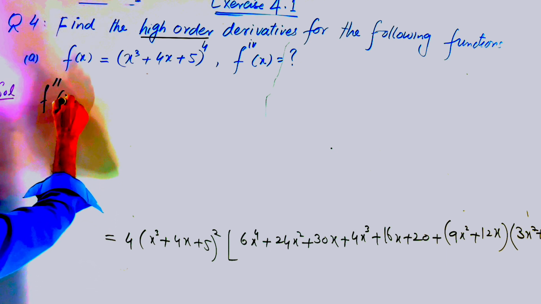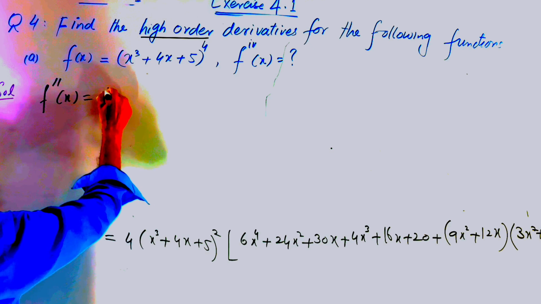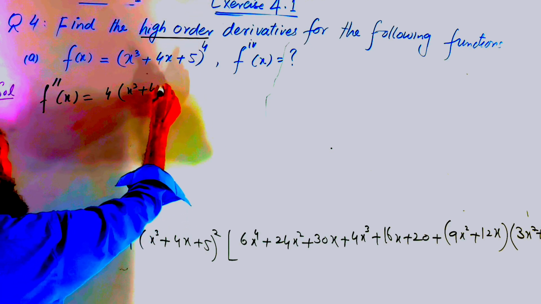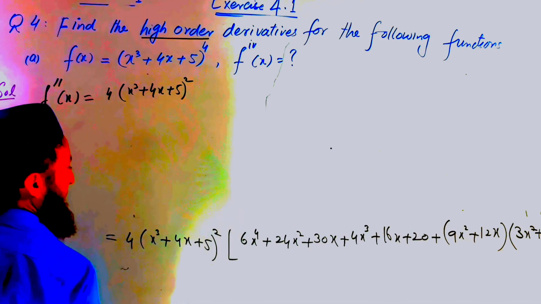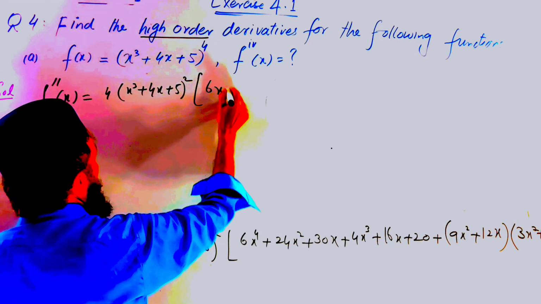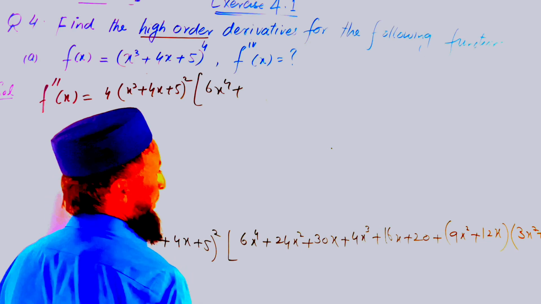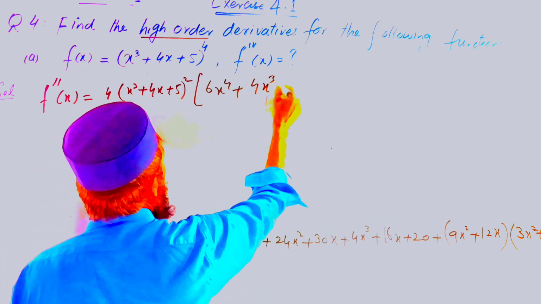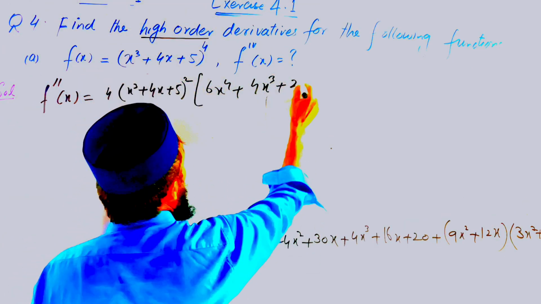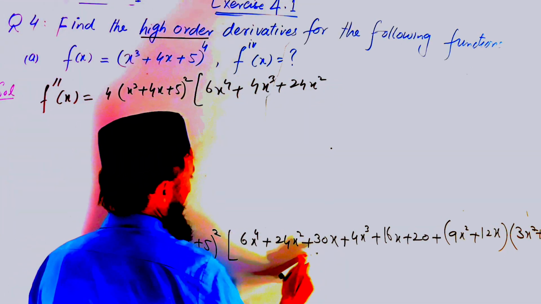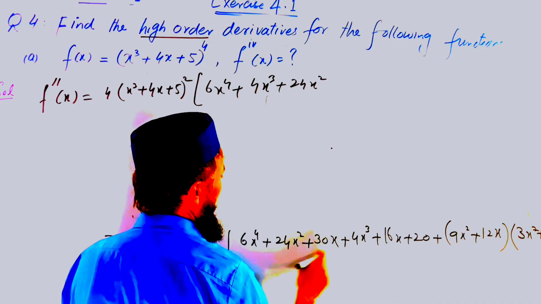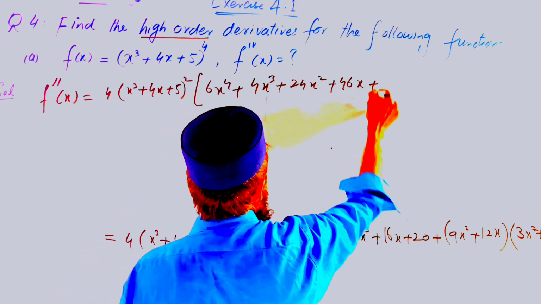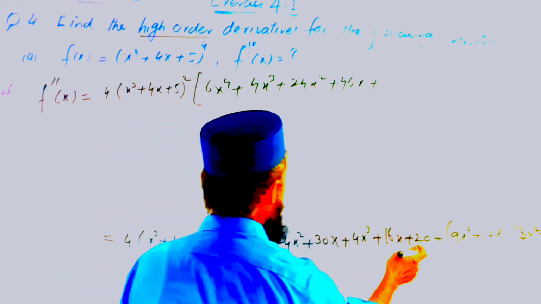So f double dash x is equal to 4 times (x cube plus 4x plus 5) whole square, times 6x power 4 plus 24x square plus 30x plus 4x cube plus 16x plus 20.